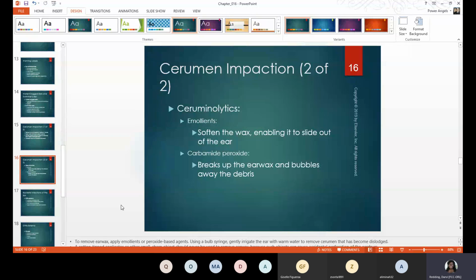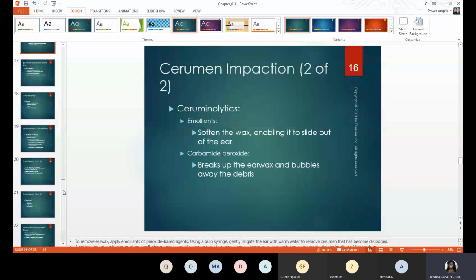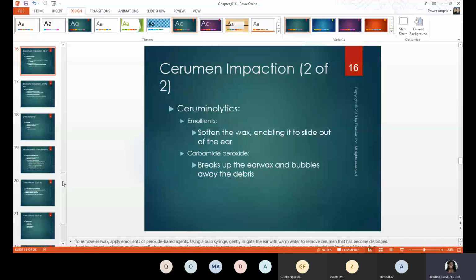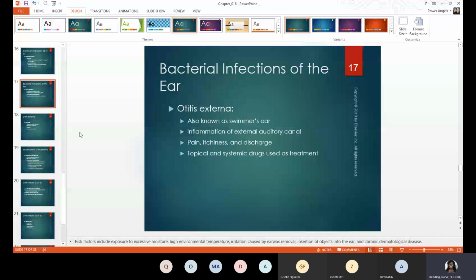To properly remove the earwax, a person would apply emollients or peroxide-based agents, and they would use a bulb syringe to gently irrigate the ear with warm water to remove the earwax that has become dislodged. It's super important to pay attention if that's something that's going to be done, because remember, if you're cleaning your own ear, you can't see what you're doing. So you want to be careful when you're doing that, or if you're doing that for someone else.